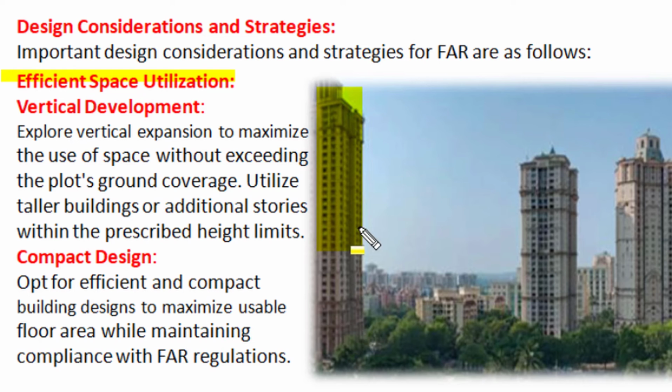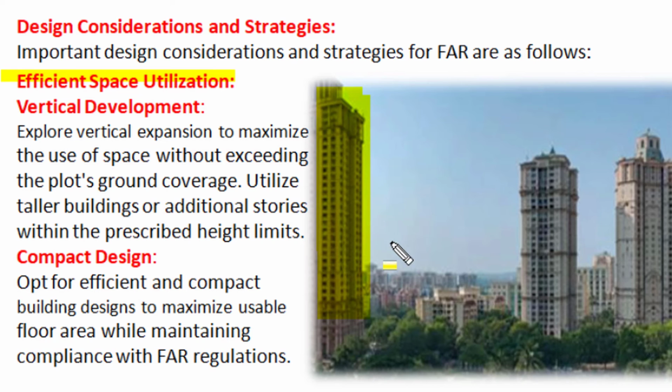For that, utilize taller buildings or additional stories within the prescribed height limits, and that ensures good enough open space, natural lighting, cross ventilation, comfort and well-being for residents using those buildings.